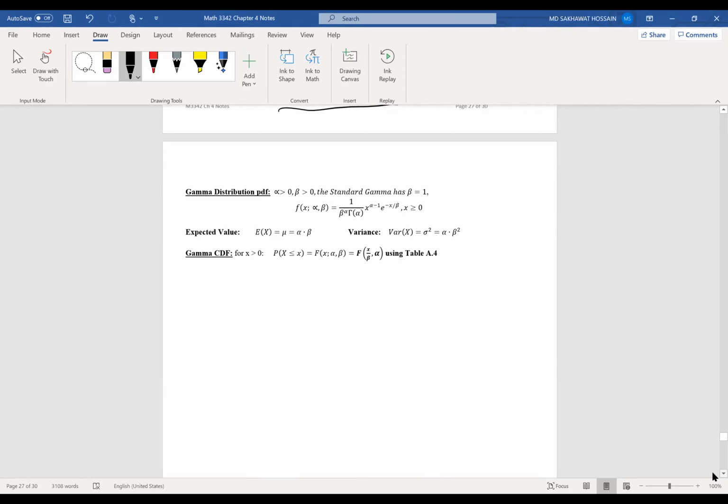The next one is the gamma distribution. For the PDF of the gamma distribution, we have two parameters. In exponential distribution, we have one parameter. In gamma distribution, we have two parameters. One is alpha and the other one is beta.